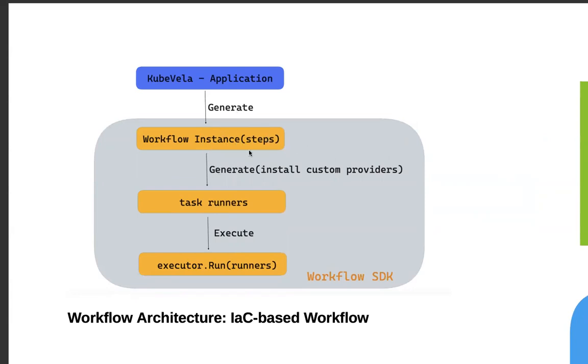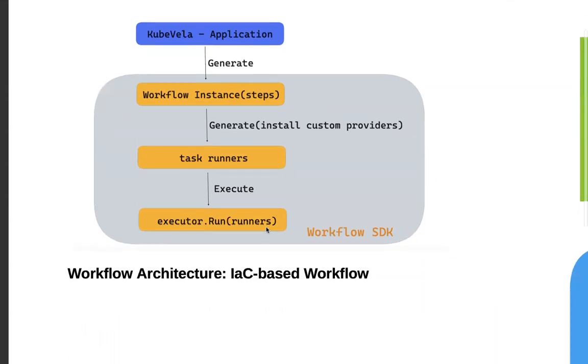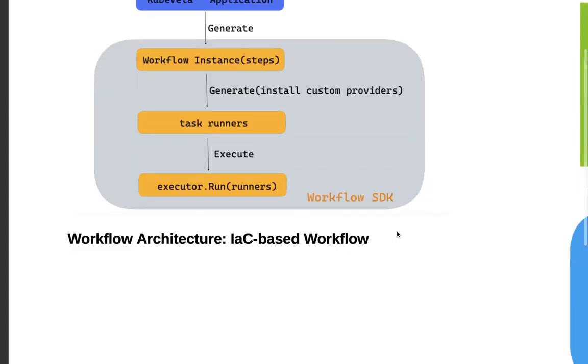This instance is from components or the workflow steps in application. After that, we'll use some generate function to generate steps into task runners. And finally, we execute these runners in order through the workflow SDK.